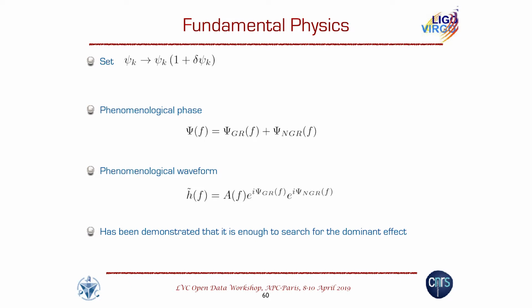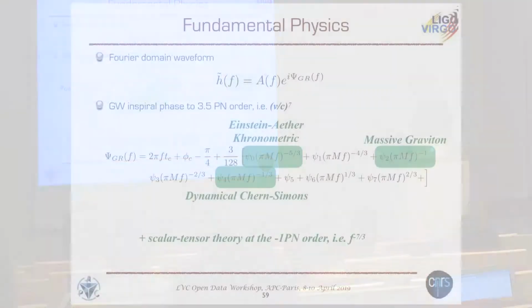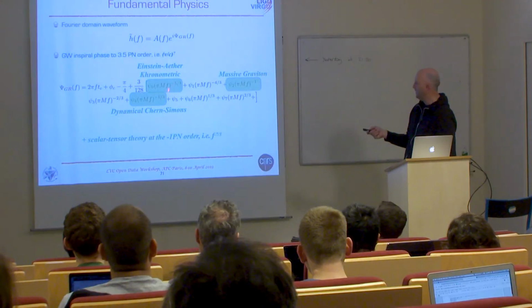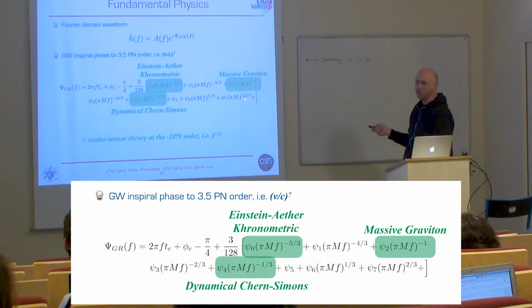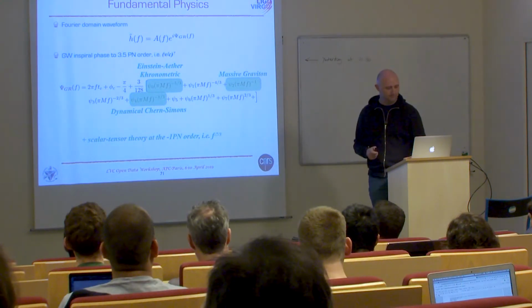And it's been shown that just finding the dominant effect is enough, right? So if I go back here, while the dominant effect of, say, Einstein ether would be at this post-Newtonian value, it would also change all these other coefficients. But to basically see if general relativity is correct or not, I just need to check if that dominant effect exists. I don't need to check all the higher coefficients.